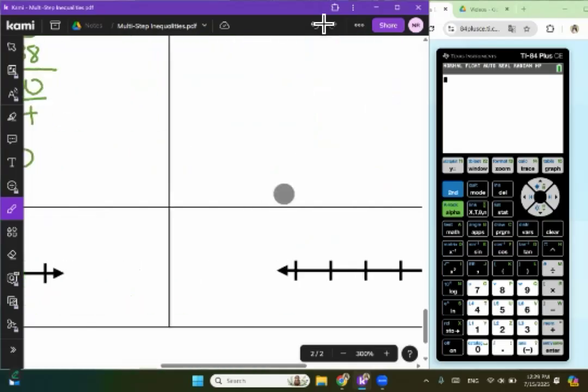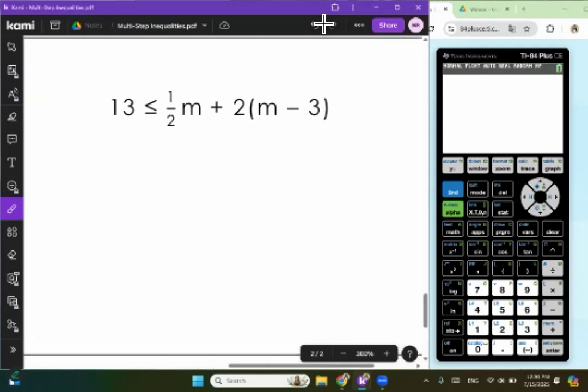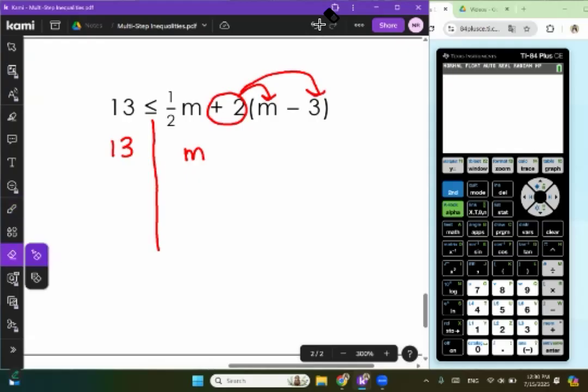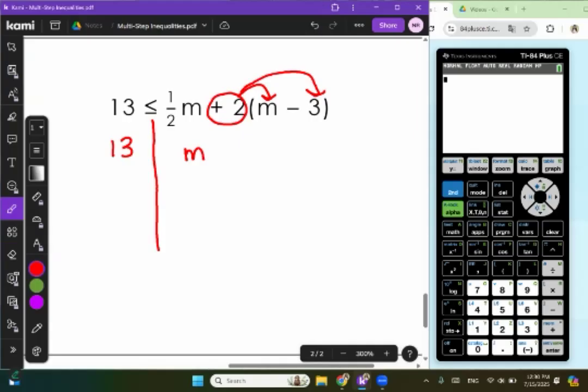Last one. We're going to distribute here on the right side of the inequality. Bring down the 13. We can go ahead and bring down the 1/2 m. Looks like in the notes, I went ahead and changed that 1/2 to 0.5. So let's do that.